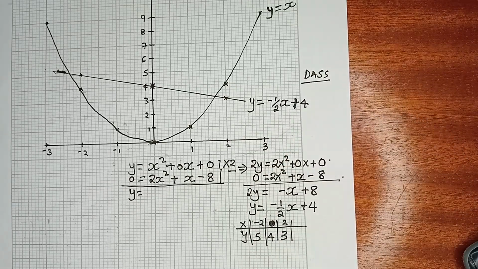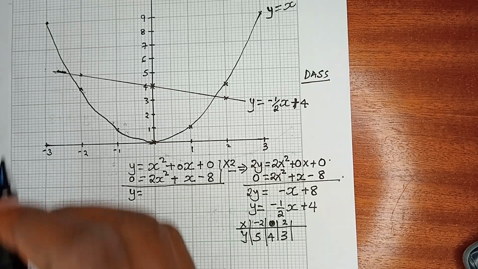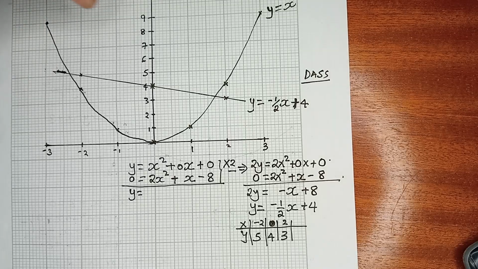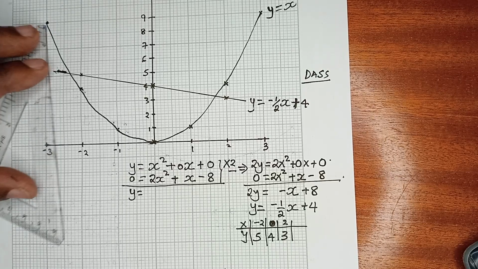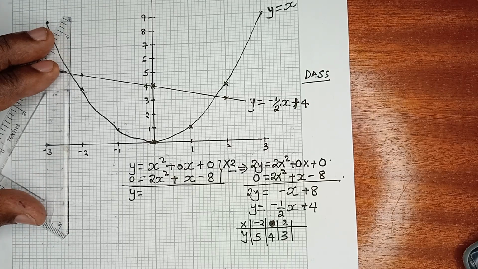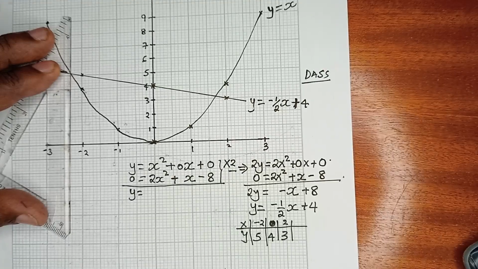Again, just like we have done in the previous one, we should highlight the point of intersection. This is one point of intersection, and it is always advisable to use a ruler so that we can read off our solution.